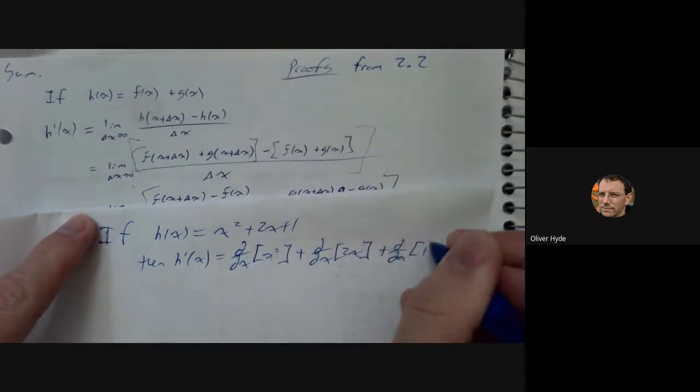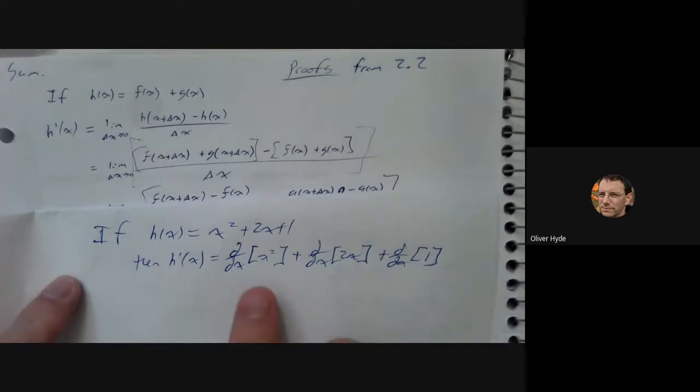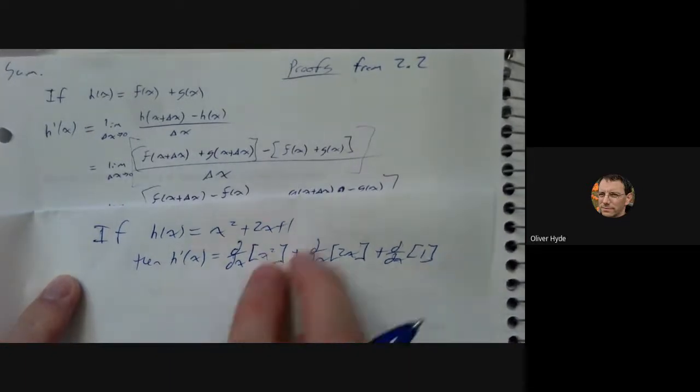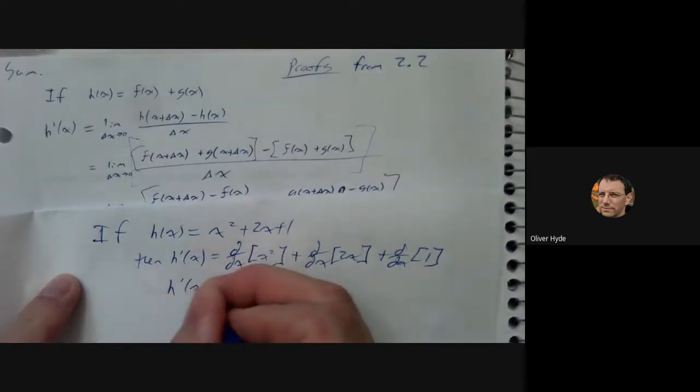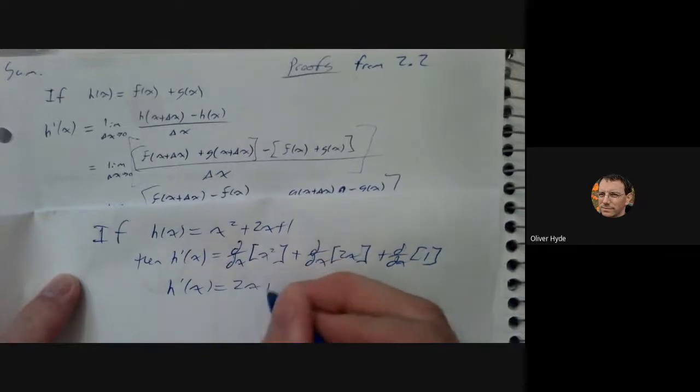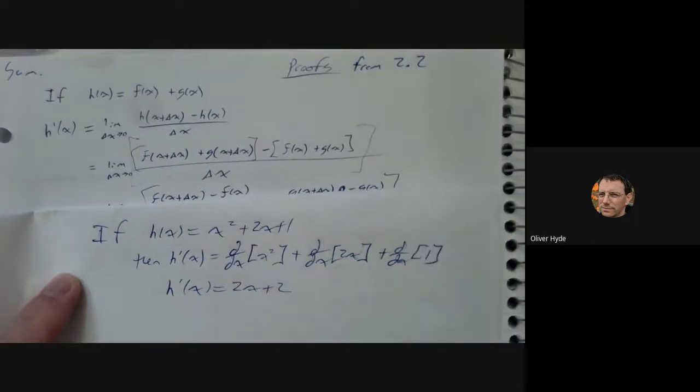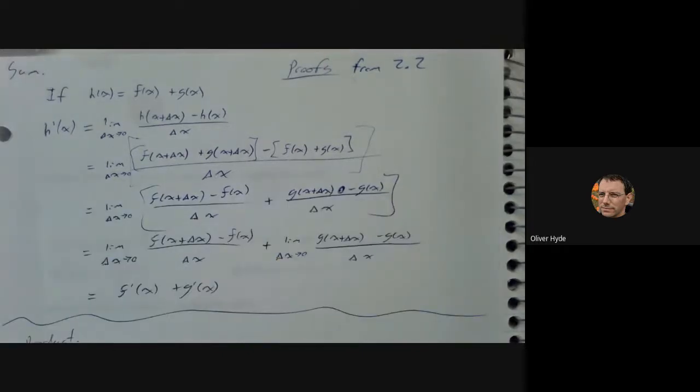So you are considering it to be three separate functions. A lot of people lose track of this when they just start using their derivative rules and saying 2x plus 2. We'll have to talk about these derivative rules later because we haven't proven them yet.